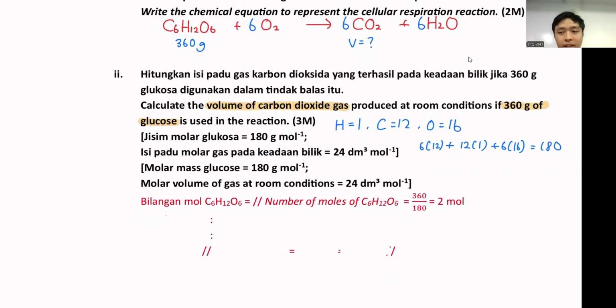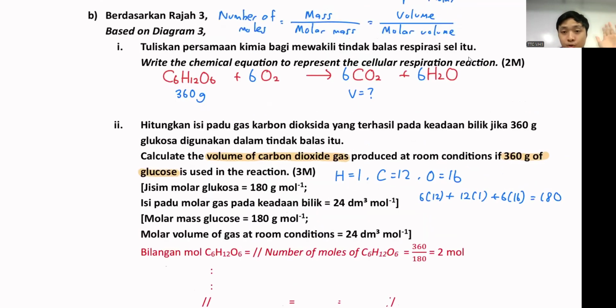After getting 2 mole, the second step is always to do the ratio. Because you have to find CO2 and you have the information of C6H12O6, the ratio is glucose to carbon dioxide. From the equation, glucose only has 1 mole, no number means 1, not 0. Then to 6.